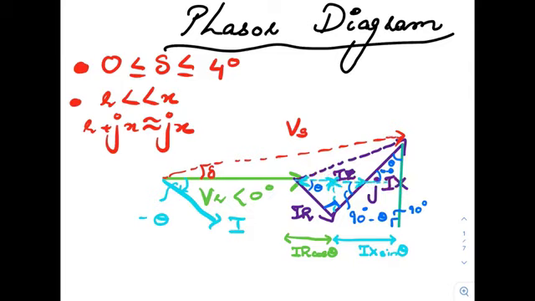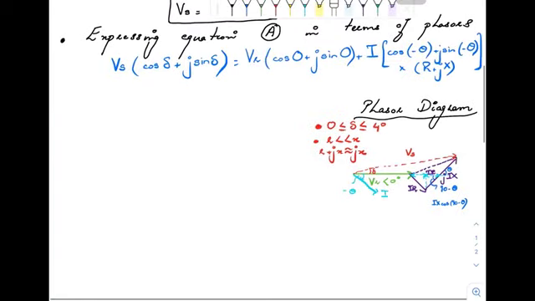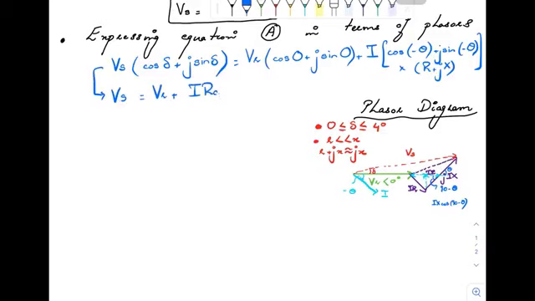That represents the total voltage drop. So we can simplify this equation. This will be VR plus IR cos theta plus Ix sin theta, and this represents the voltage drop.